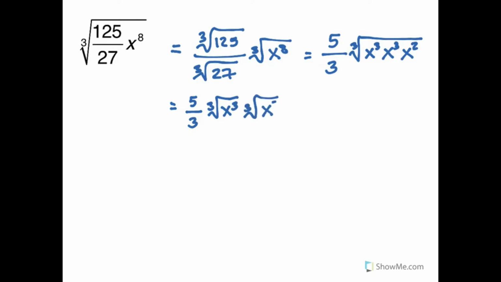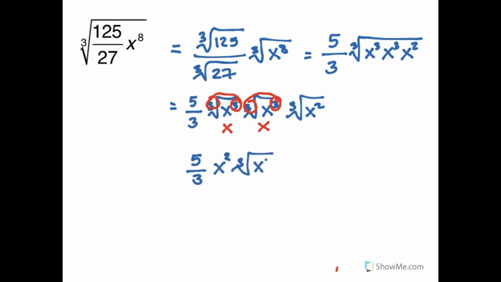And so x cubes are in cube roots. Those are going to cancel out, and the x squared will be left. So the exponent 3 cancels with the root, and these just turn into plain x's. So now I have 5/3 x squared cube root of x squared.